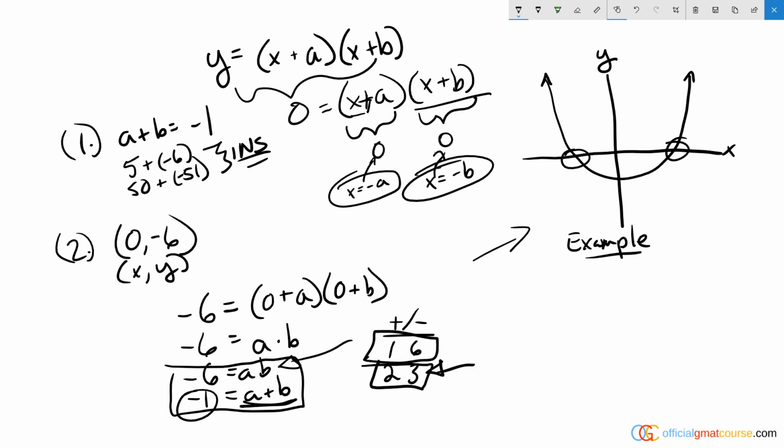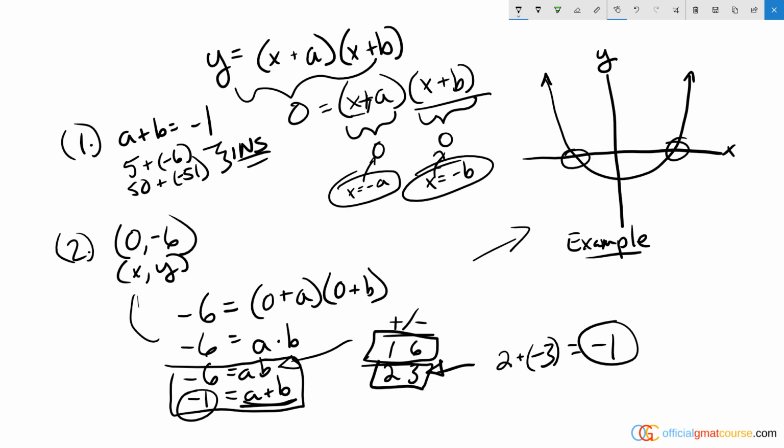The only pair that has a difference of 1 is 2 and 3, and that means that we need the 3 to be negative so that when we add them together, we get -1. So using the two statements together, I'm able to solve this problem.